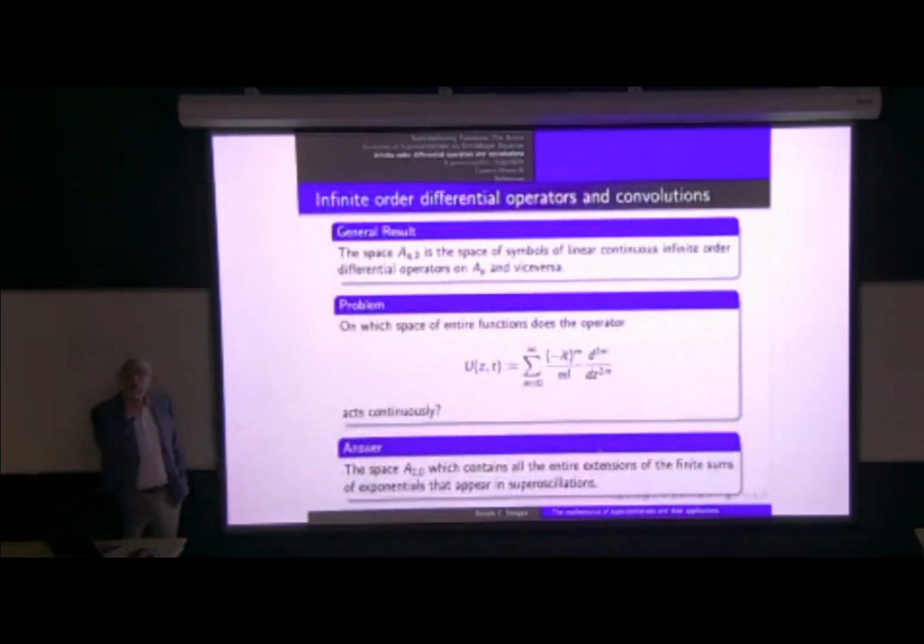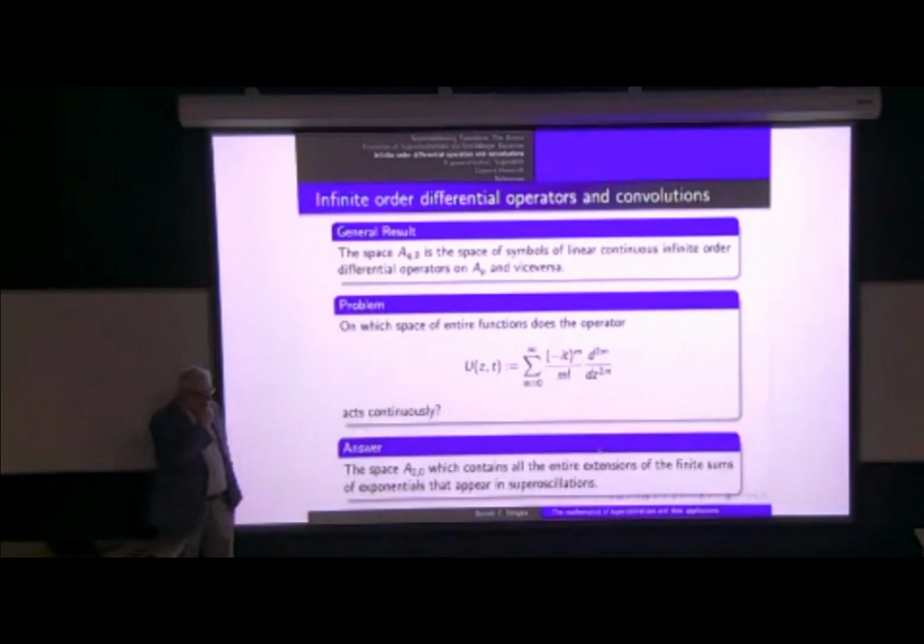So this allows me to do the trick of interchanging the limit and the operator. Before I get to the next slide, let me summarize how we solve this problem. You start with the Cauchy problem, and the initial value is a super-oscillating sequence. You take this, you look at the solution.